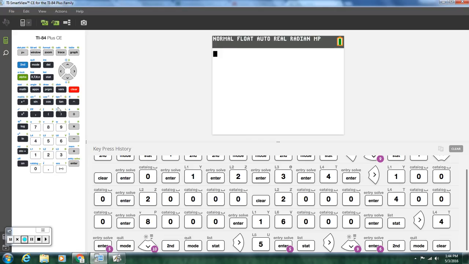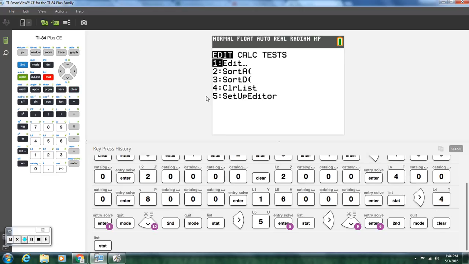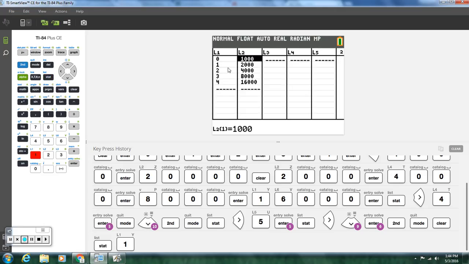We were talking about lines of best fit and regression lines. Remember what it was? We put things into stat, into edit, and we did our L1s and L2s, and then what did we do after that?